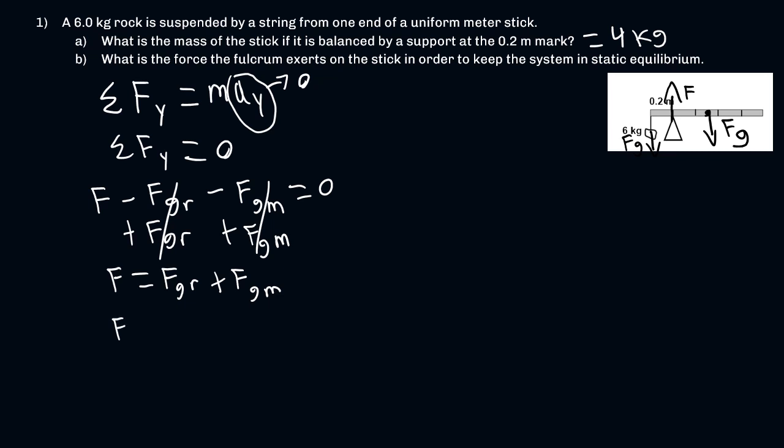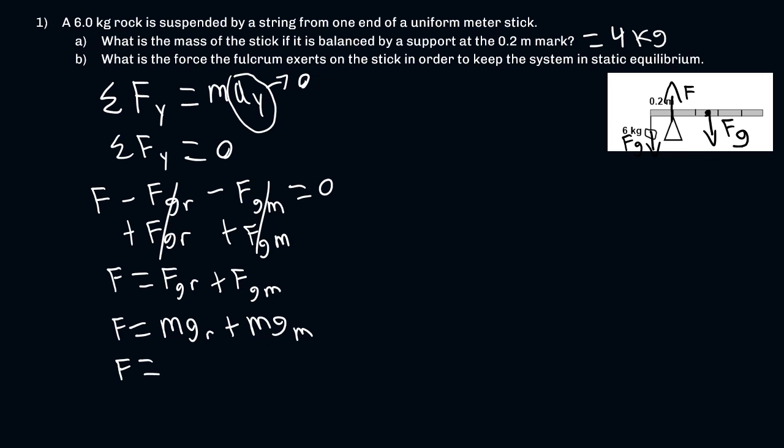All right, so let's plug in our values here. We have F equals, we know F_g is mg, and that's of the rock. And then we have F_g is going to be mg, and that is of the meter stick. All right, so now let's plug in our numbers. We have the force going upwards here. This is what we're looking for, equal to the mass of the rock.